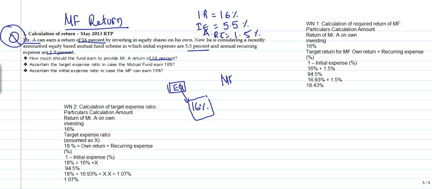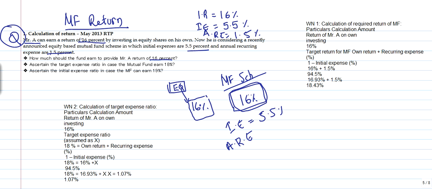In the mutual fund scheme, you require to get 16%, but there is an initial expense involved, and there is an annual recurring expense involved in the case of a mutual fund scheme. So initial expense is given 5.5% and 1.5% with regard to the annual recurring expenses. For that we need calculation.